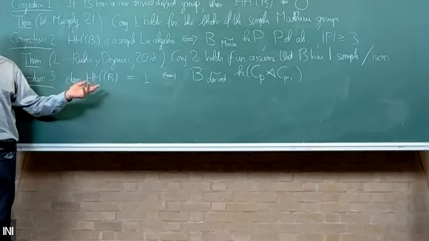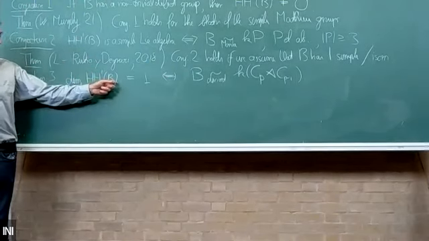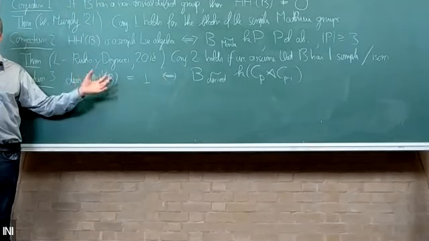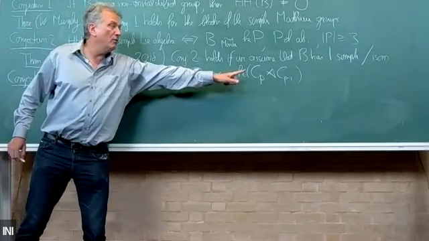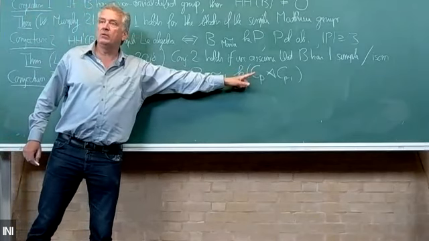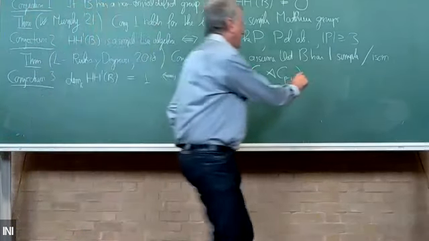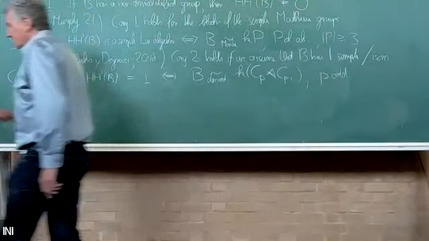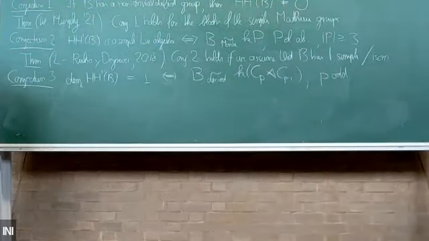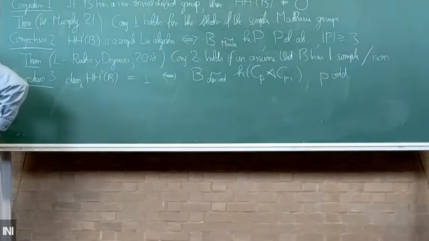Because it's for the same philosophical reason. The one-dimensionality of the HH^1 of B would tell you that the number of simple modules is p minus 1. And I have to add p of this. That comes out also of the part of the conjecture.